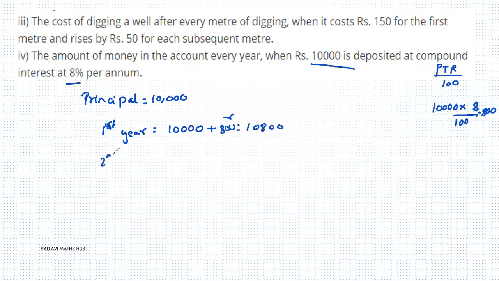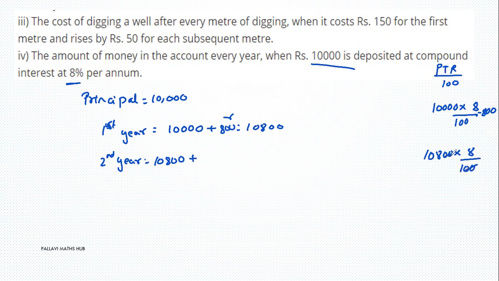For the second year, the principal amount will become 10,800 plus the interest on 10,800. So 10,800 into 8%, 8 divided by 100.